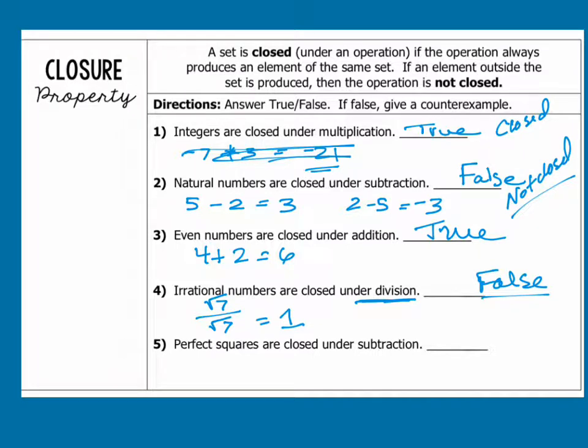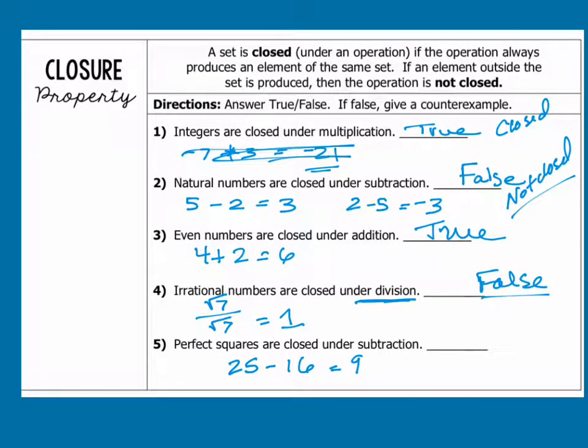Perfect squares are closed under subtraction. So if I have a perfect square, 25 is a perfect square, minus 16, that's a perfect square. What do I get? I get 9, and that's a perfect square, but I shouldn't just assume.